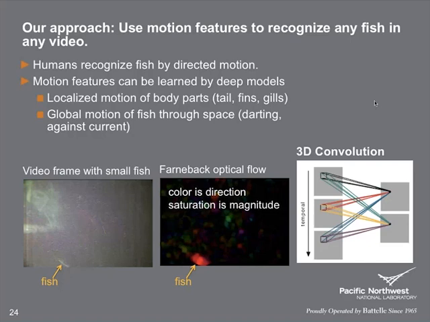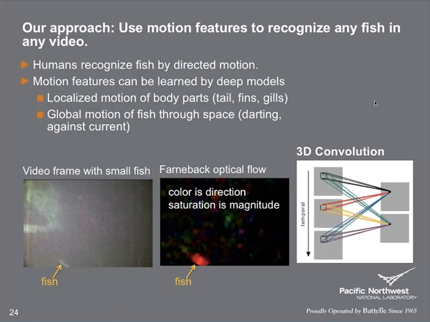So fish tend to maybe dart. They can swim against the current or stay in one place when other things may be moving along in the current. So this is just an example of the optical flow, which, as I said, was a little problematic for the underwater video, but this was an example where there was a fish in the scene, and you can see that the motion of the fish is definitely different than the motion of the other things that were in the scene.